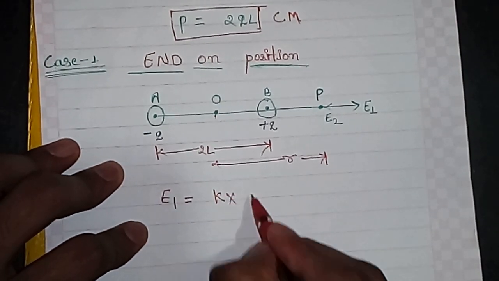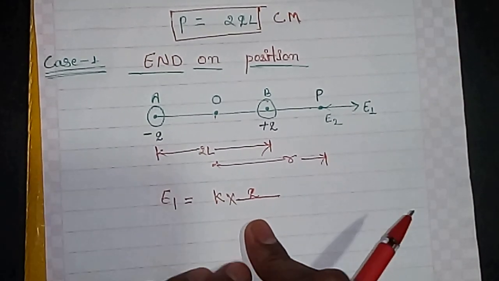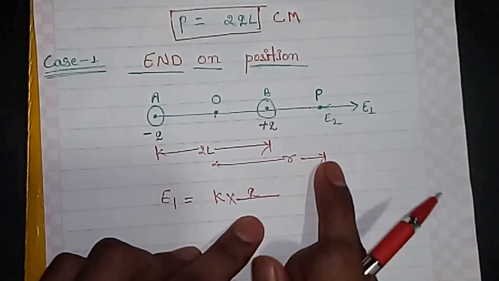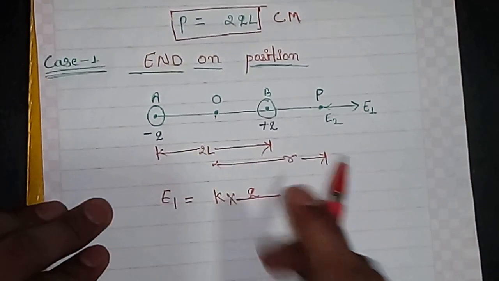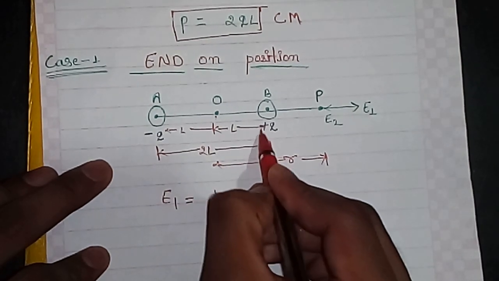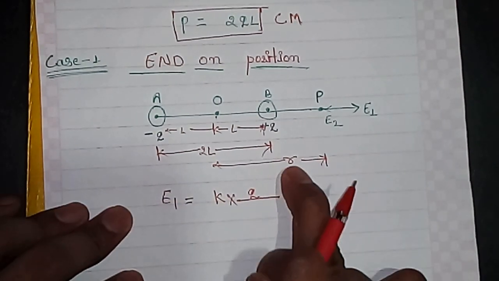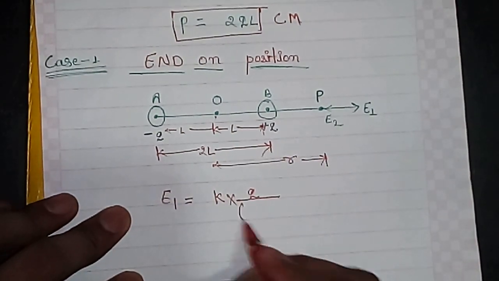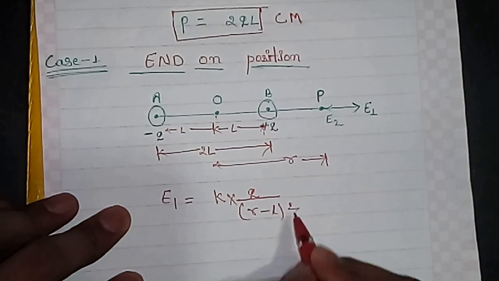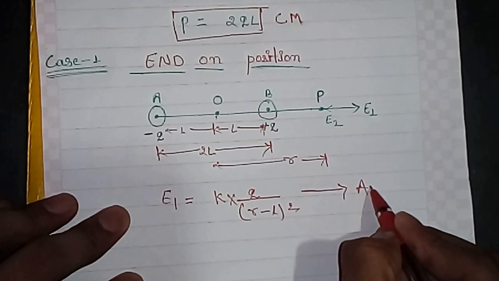Here the distance 2L can be separated into L and L, so the distance from B to P is r minus L. So E1 is equal to kq upon (r minus L) whole square, in the direction of AP.